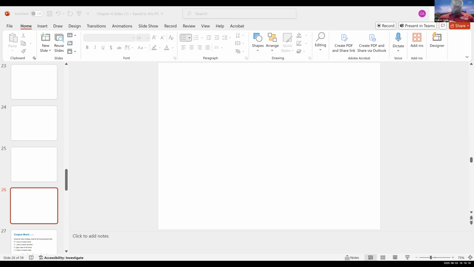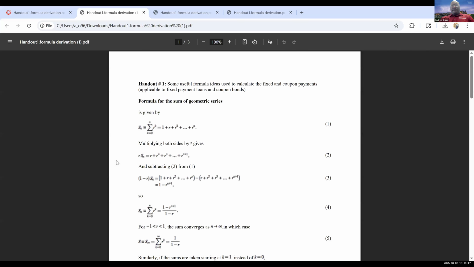Go to modules. There is a handout 1 formula derivation. I want to share this so you can see how it looks. That's how that handout looks.